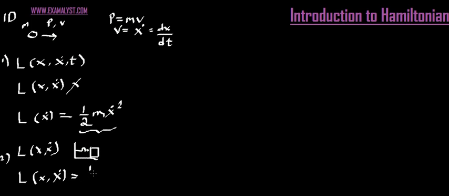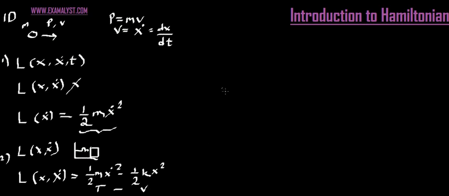The mass will have kinetic energy, which is given by half m x dot squared. But at any time t, the mass is also under some spring potential, so it is half k x squared. There is a minus sign because Lagrangian is kinetic energy minus potential energy. This is the kinetic energy T, this is minus, this is V. Here the Lagrangian is a function of both x and x dot. Quite clear.